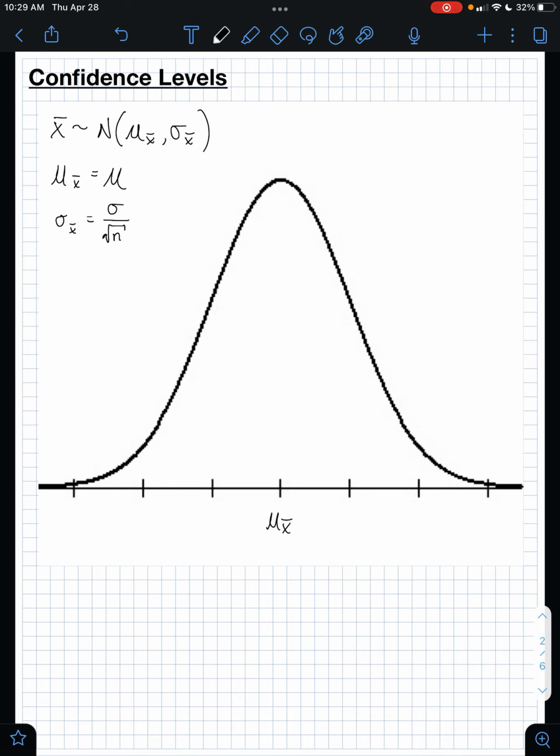And what we're going to do is talk about our confidence level. What our confidence level is going to be is actually the area of a region under the curve that is centered on mu sub x bar.